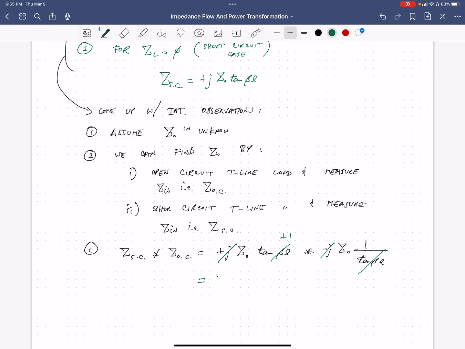So you end up with the characteristic impedance squared.